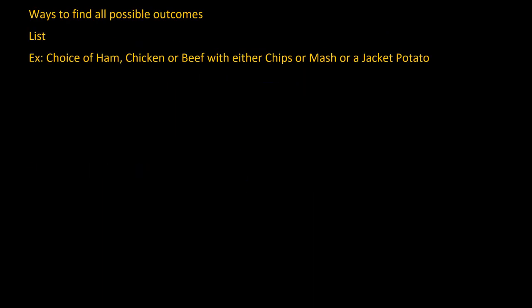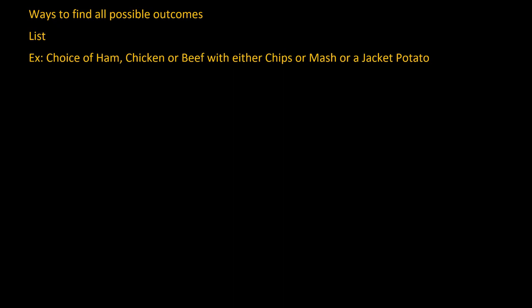Now sometimes it's quite easy to work out what all the possible outcomes are, the total number that you need for the bottom. Other times you're going to need to put a bit more work in. So one of the ways that you might work out what all the possible outcomes are is to simply create a list. So here we have an example of what you can have for dinner.